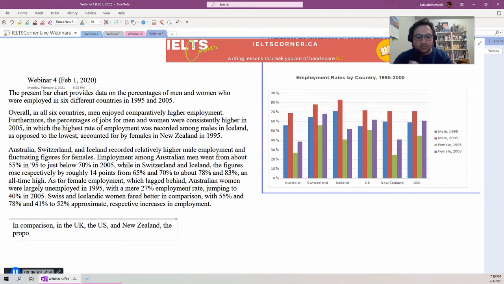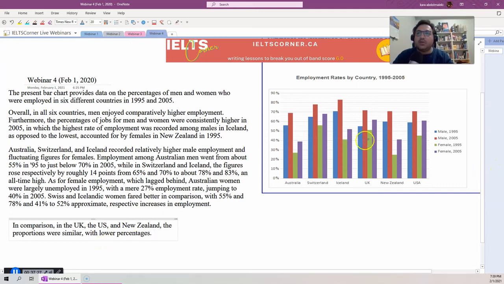The proportions were similar. Same thing, men had more employment, not prepositions, proportions. There we go. Were similar with lower percentages. Okay?